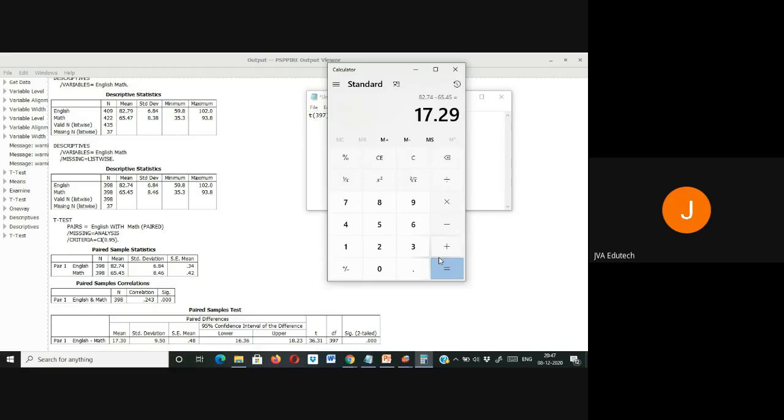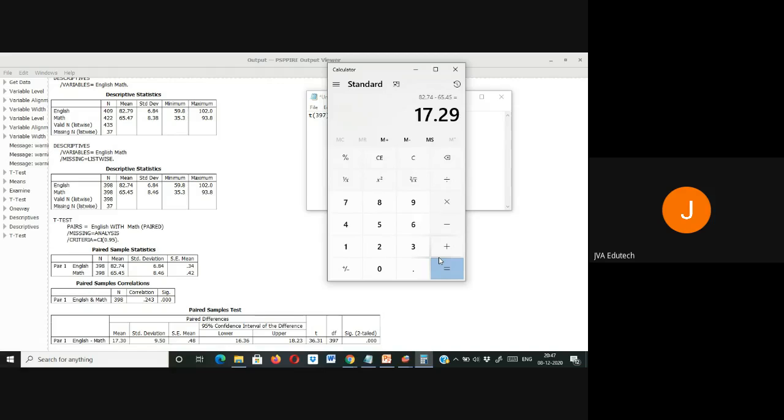So null hypothesis is rejected. There exists a significant difference between the student scores if compared with English and maths. If you write this, it would be better, because sometimes if one score is higher, another score is also higher, and you can say that a student performing good in English can perform good in math also.